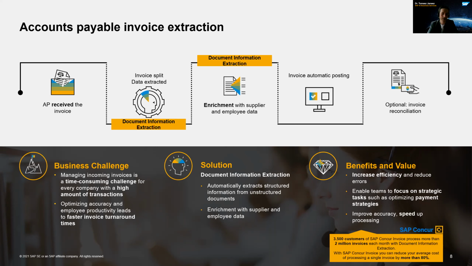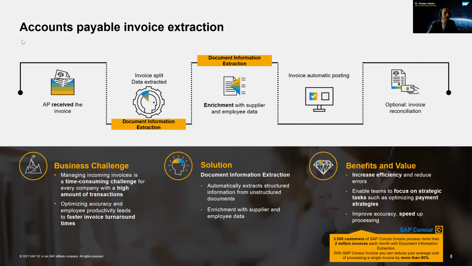The functionality which we support is called invoice capture, and this functionality features document information extraction. We serve roughly 3,500 end customers of Concur Invoice, and for them we process over 2 million documents per month. With SAP Concur Invoice, you can reduce your average cost of processing a single invoice by more than 80%.